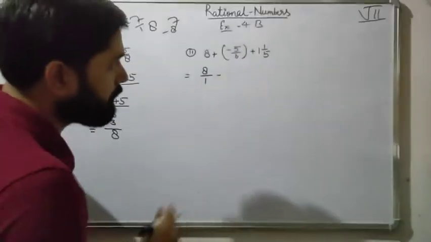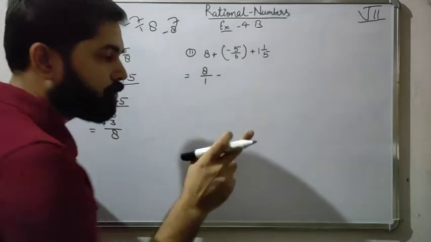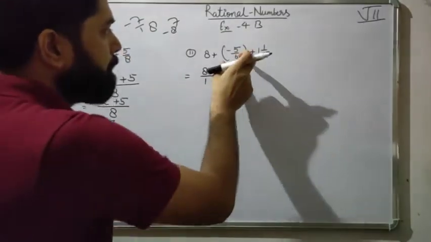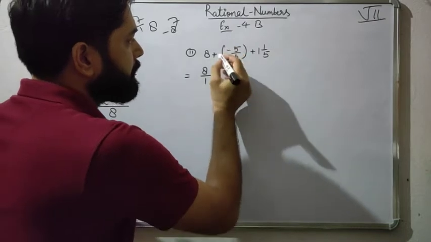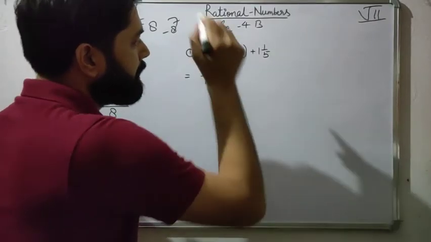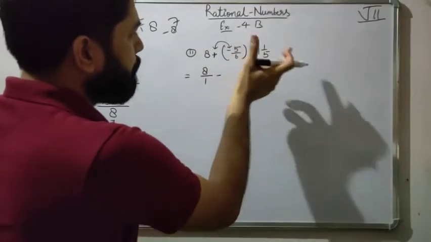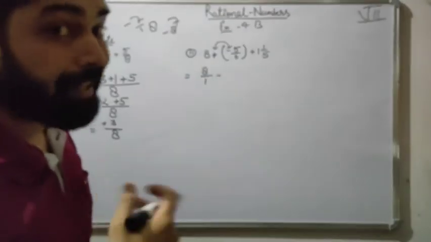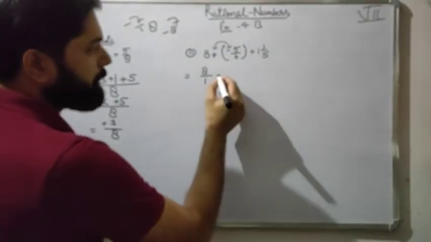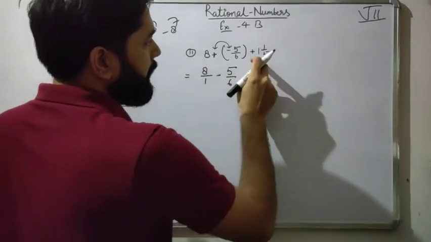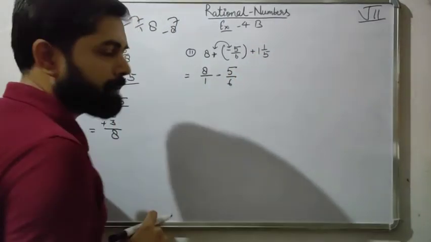Minus bracket, and you know very well bracket means multiplication. When we open the bracket, this sign and this sign multiply: plus and minus gives minus. Minus 5 upon 6, and this is the mixed fraction.